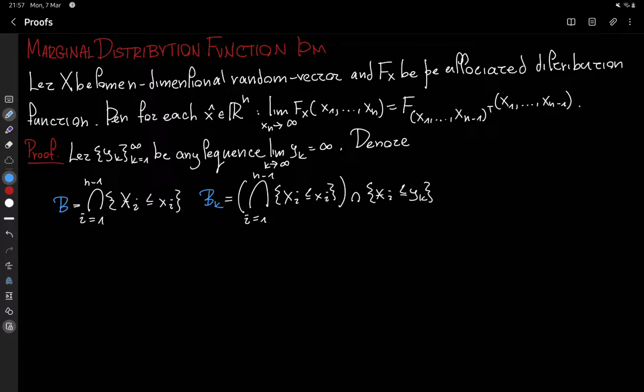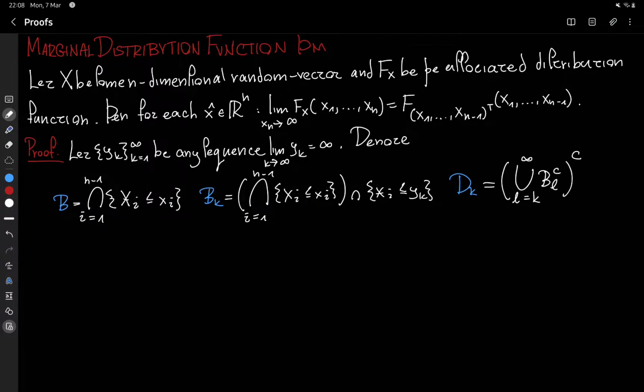And finally, we define the third set, D_k, to be the following union. So it's the union where we have some l iterating through k to infinity of the sets B_l complement, and the whole thing is complemented.